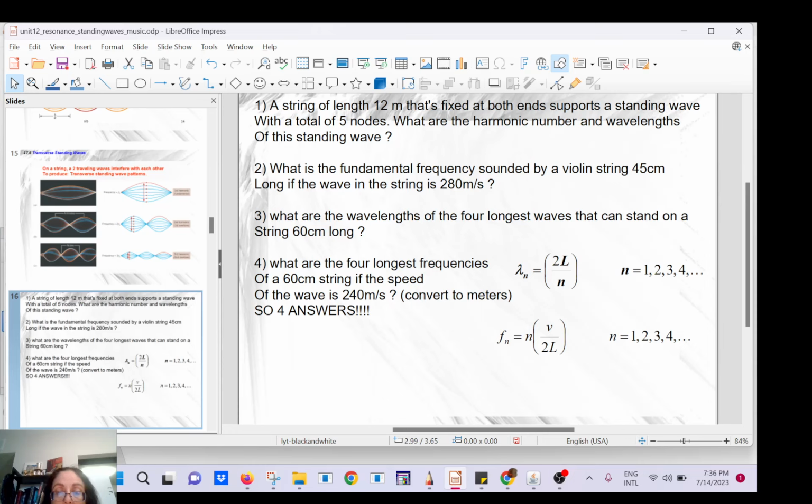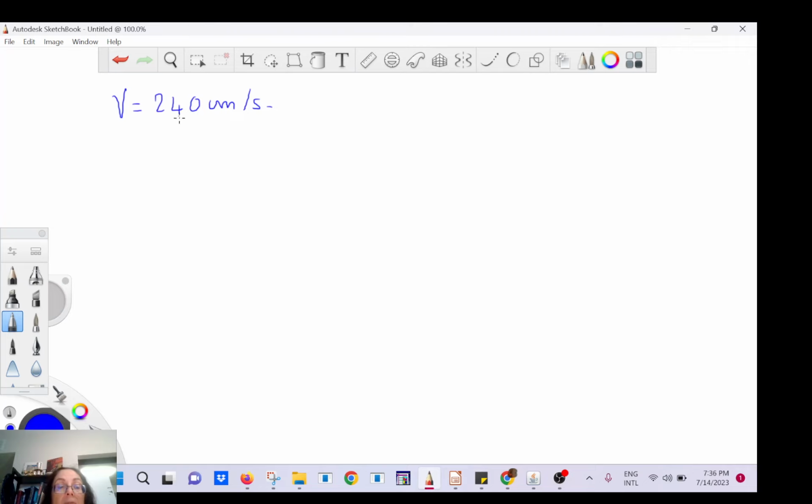I don't know why it says longest, but let's say we compute the first four frequencies, the four fundamentals, and the four harmonics. I think that's what I meant.